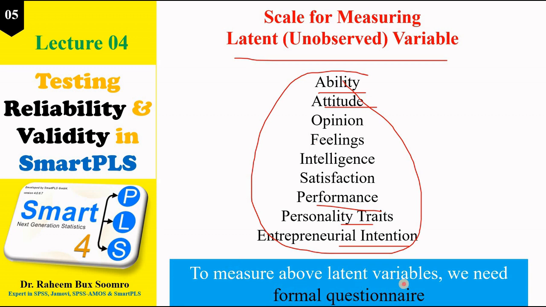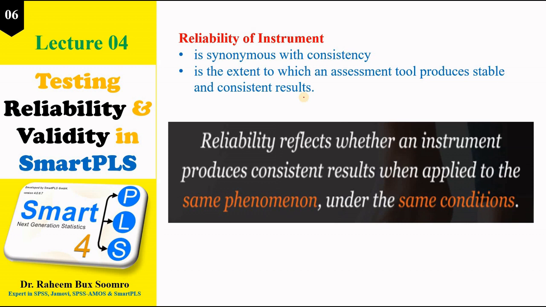So to measure a latent variable, we need a formal questionnaire. Another thing is the reliability of the instrument. First, reliability is synonymous with consistency. That means up to what level the respondent has remained consistent in answering the questions you have asked in your questionnaire.